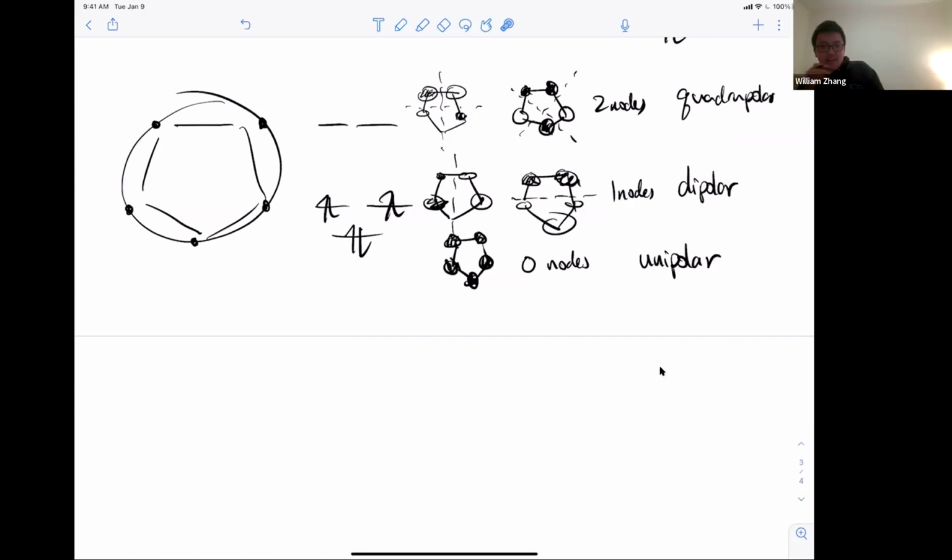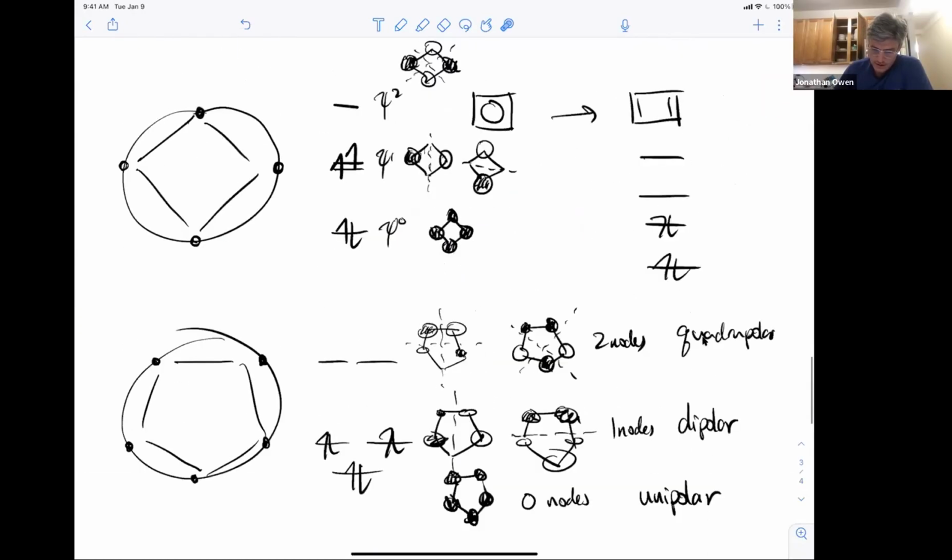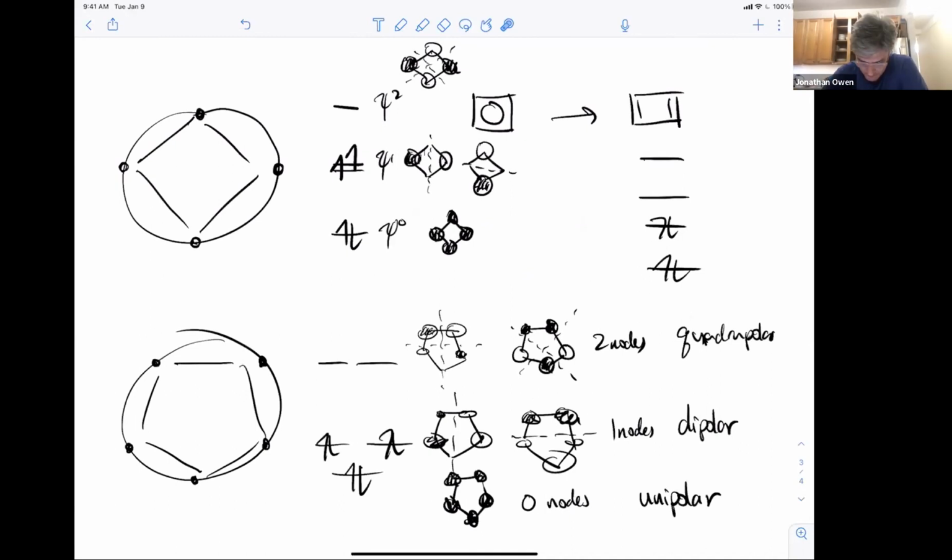All right, William? It's actually in relation to this for the first bit. Can we talk about assigning Mulliken labels to the orbitals we derive from these models? Sure. So this guy is D6H, and the Z-axis is up and down through that ring.